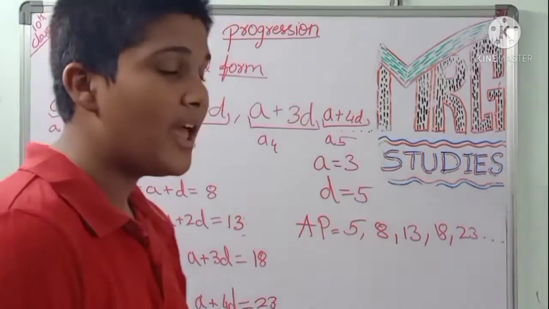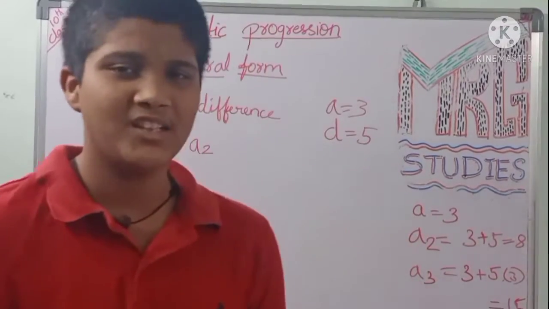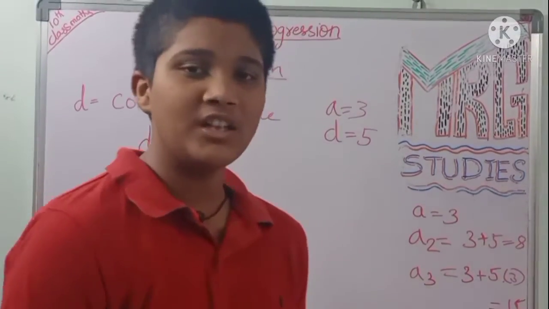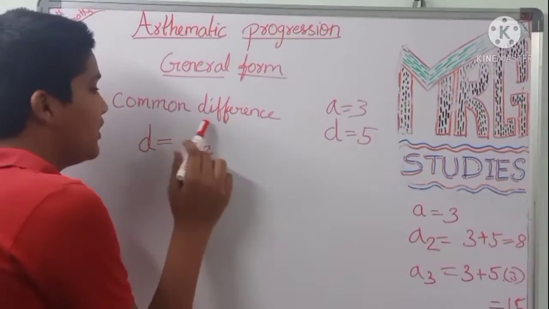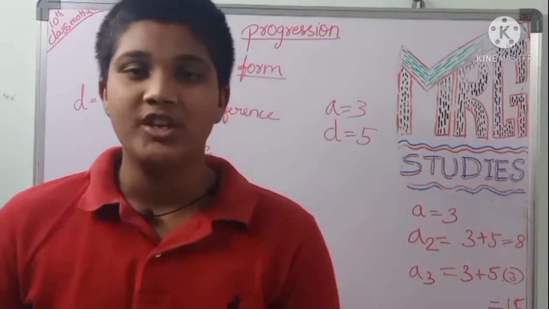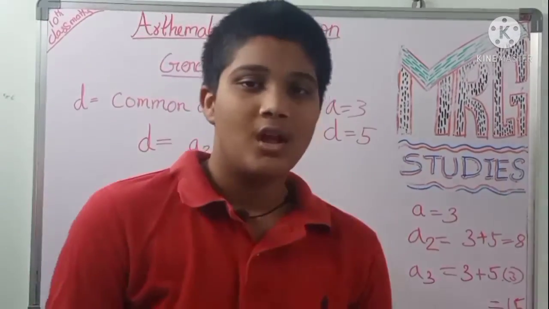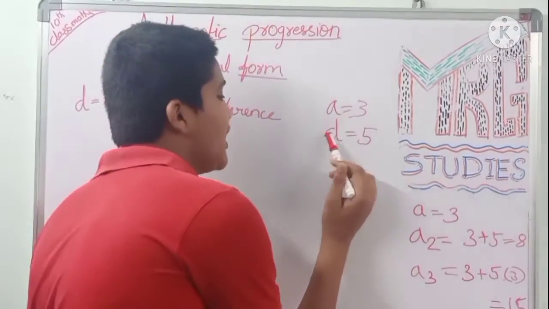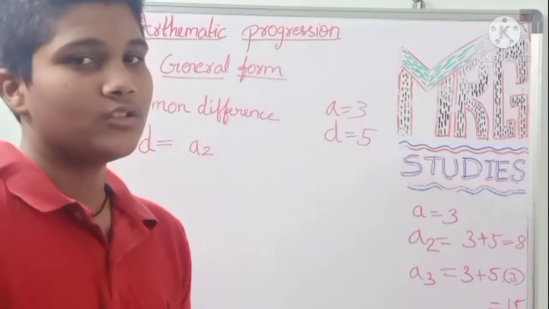And I will tell you how to find the d value. So what is d? The d is nothing but the common difference. In the previous one I told you the sum: a equals 3 and d equals 5.